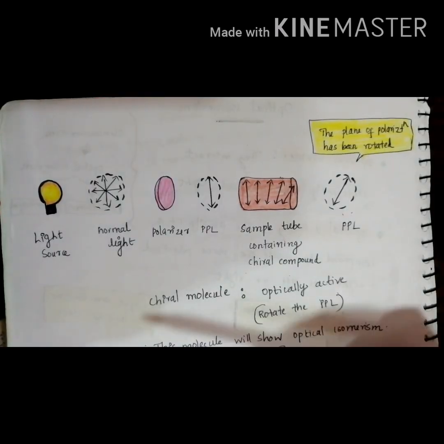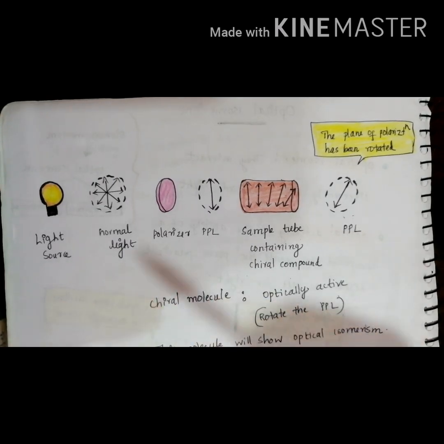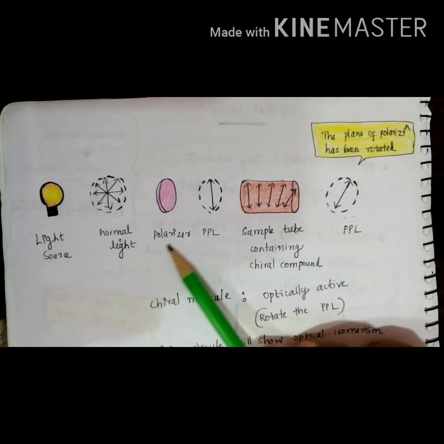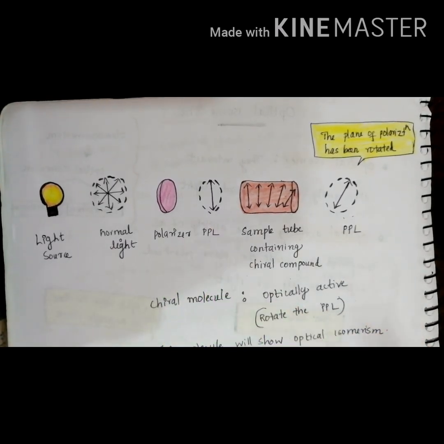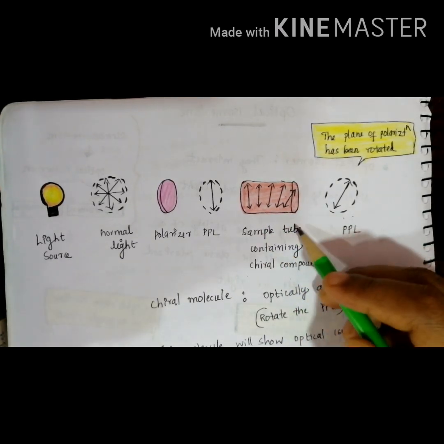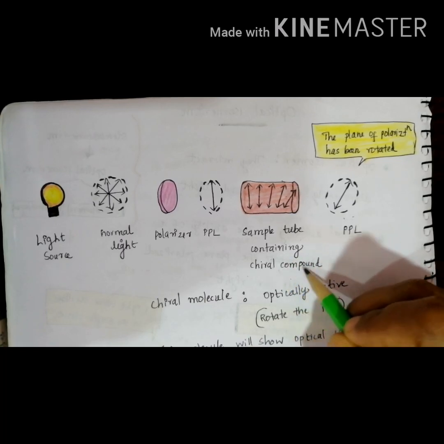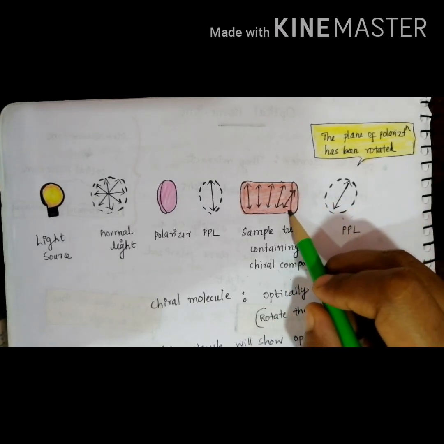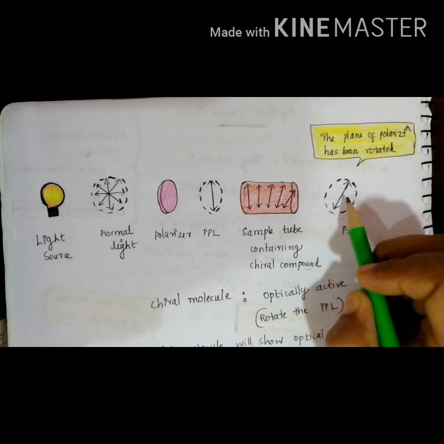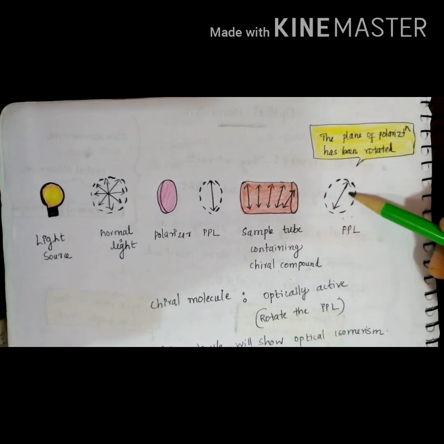In the same way, we observe another experiment: light source, normal light, polarizer, PPL. Then we place the sample tube, which now contains a chiral compound instead of an achiral one. After this sample tube, we can observe a slight inclination of the light wave.